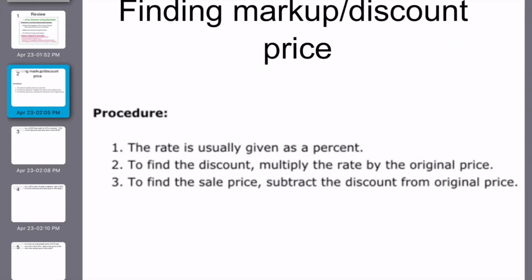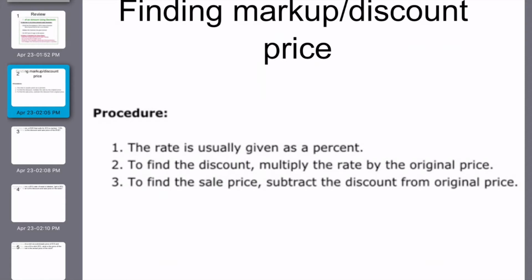So when we're thinking about finding a markup or discount price, there's really like three things that we need to think about. First off, our rate is usually given to us as a percent. So we need to change that into a decimal, just like we just talked about. And then in order to find the discount, we multiply that percent or that decimal by the original price.